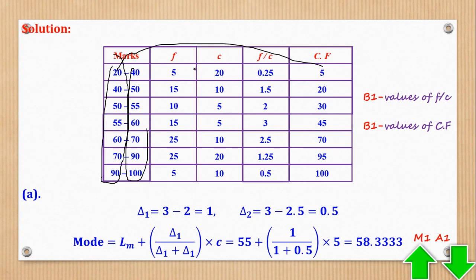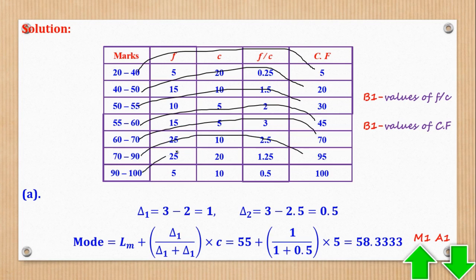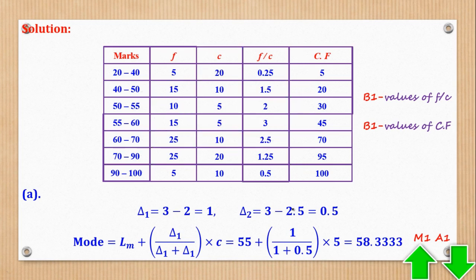It has to be the upper class boundary. So I'm going to put 40 with 5, 50 with 20, 55 with 30, 60 with 45, 70 with 70, 90 with 95, and 100 with 100. So let's do that.